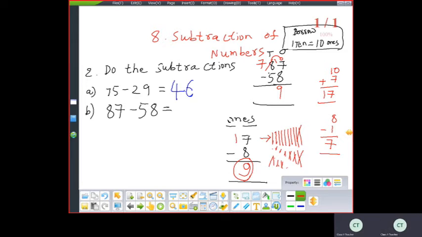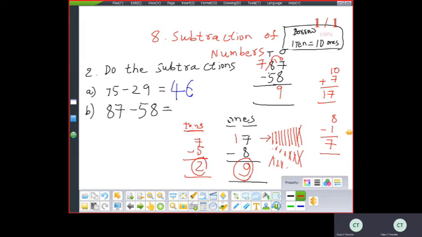Now subtraction on 10. From tens place the digits are 7 minus 5. From 7 we subtract 5. 7 minus 5, 2.